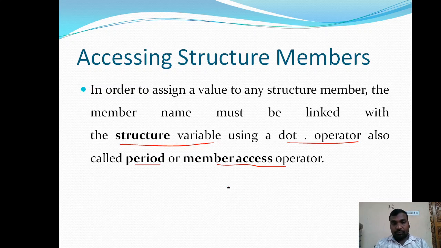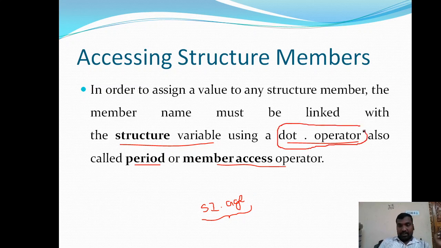For example, in the previous case, s1 is the structure variable name, and under the structure we have a field called age. So s1 dot age means we are going to access the age field under the s1 structure. So we can use the dot operator, sometimes called period or member access operator.